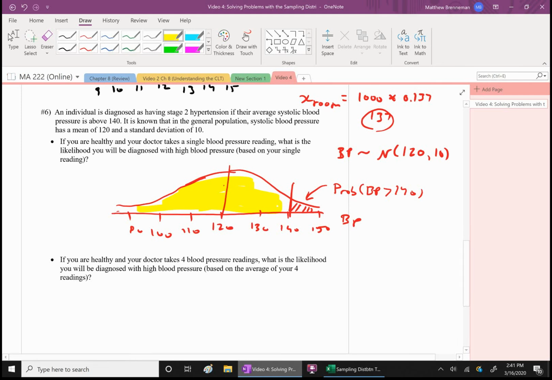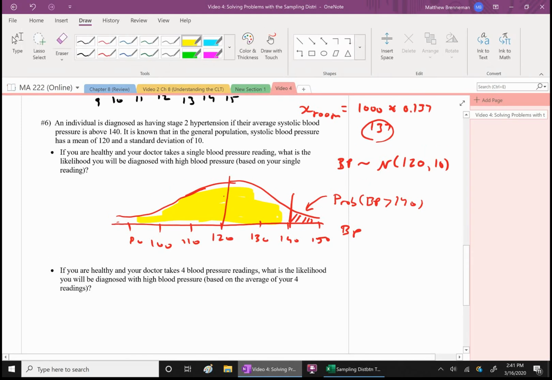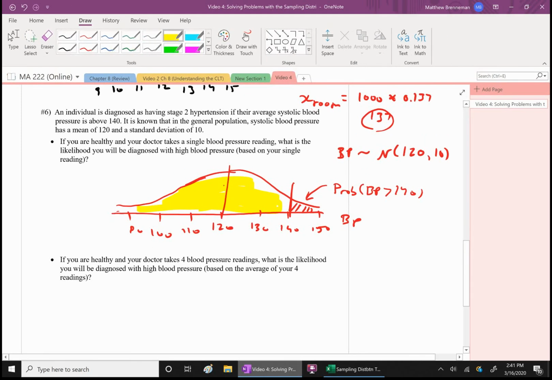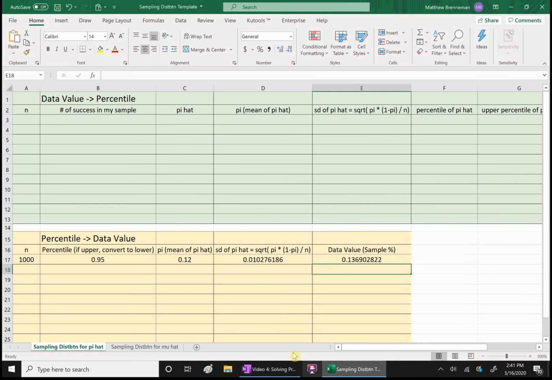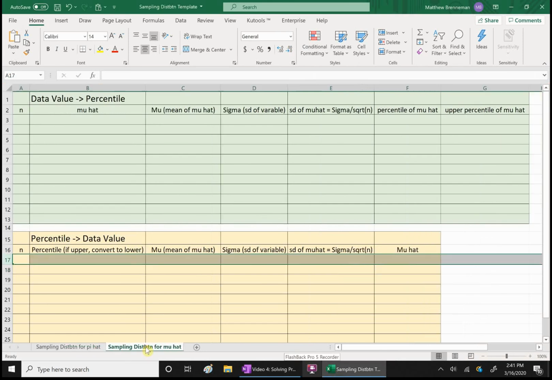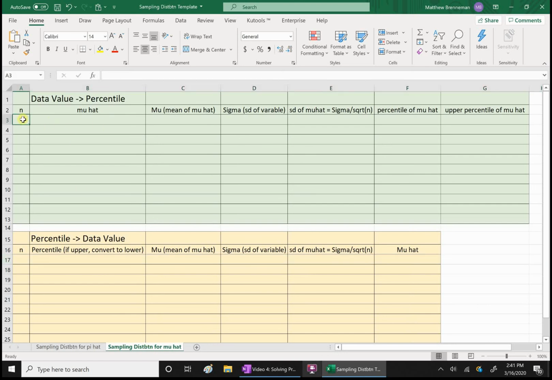So let's go ahead and try this with our Excel sheet. So if we go to our Excel sheet, now we're looking at mu hat, right? And I'm giving a data value and I want the percentile. Here my sample size is just 1, right? And my mu hat is 140. So when you take a single value, the mu hat is equal to the value that you're looking at.